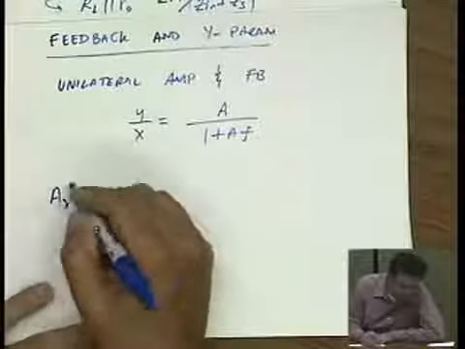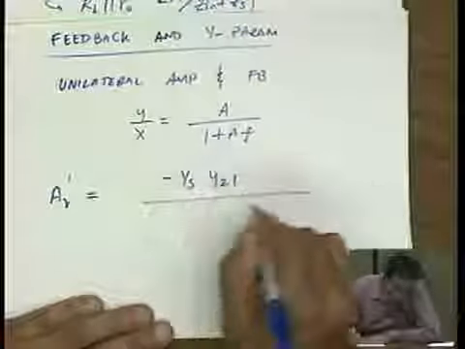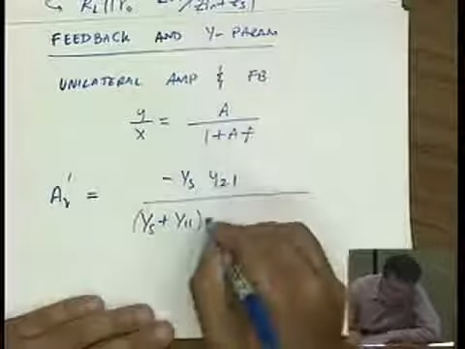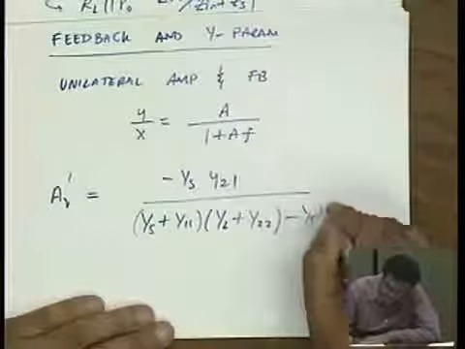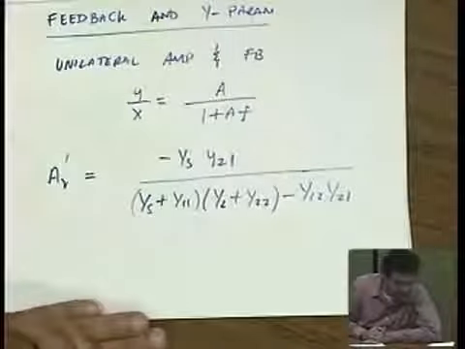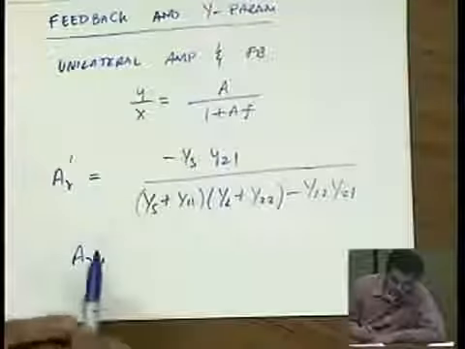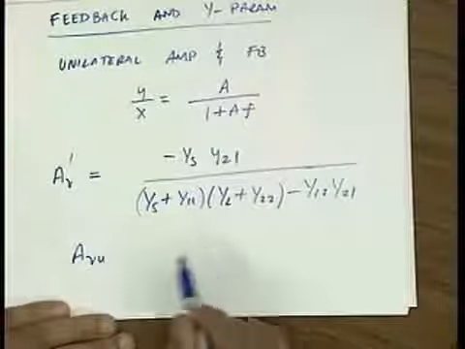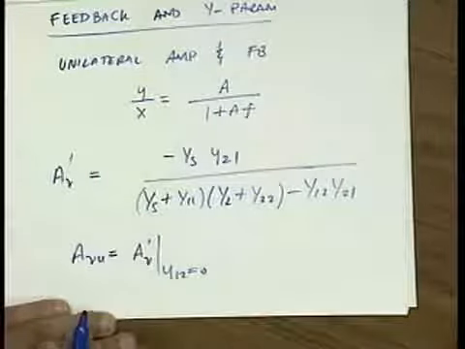Let's look at this expression that we derived for the voltage gain of a two-port. It's an arbitrary two-port, so certainly it can be a two-port that has feedback in it. If we define an AVU, the same voltage gain where the device has been unilateralized, that's equal to AV prime for y12 equal to 0.